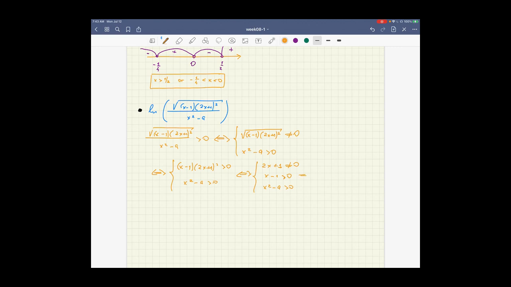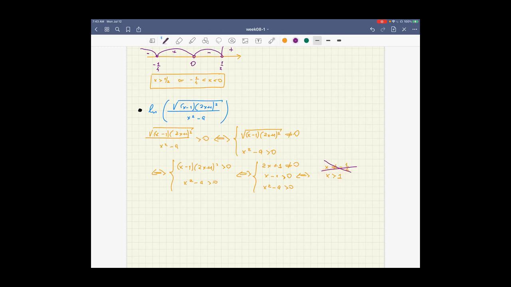Now, what does that give us? X minus 1 greater than 0 implies x greater than 1. 2x plus 1 different from 0 implies x is not equal to negative 1/2, which is automatically true when x is greater than 1.